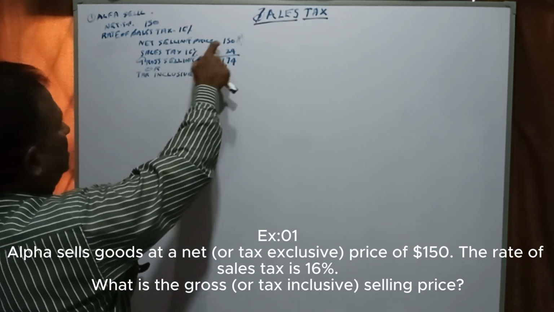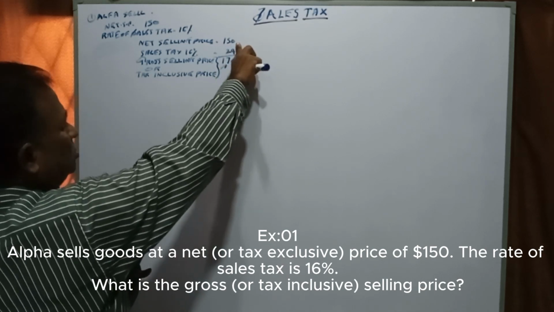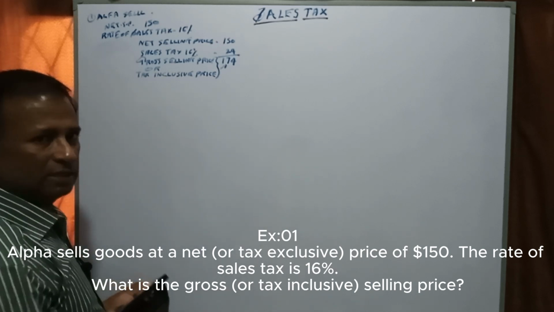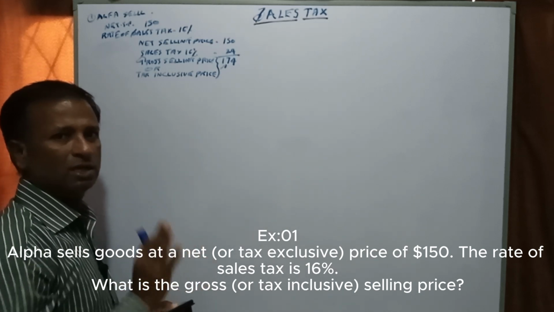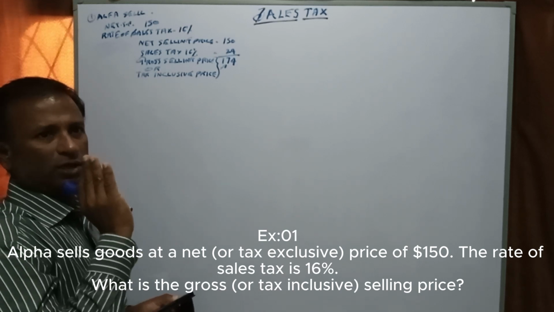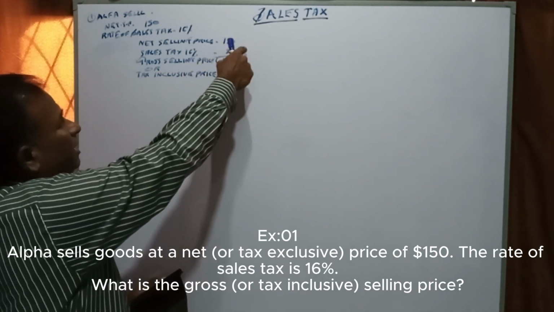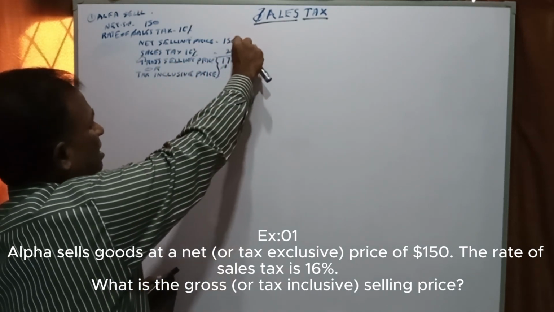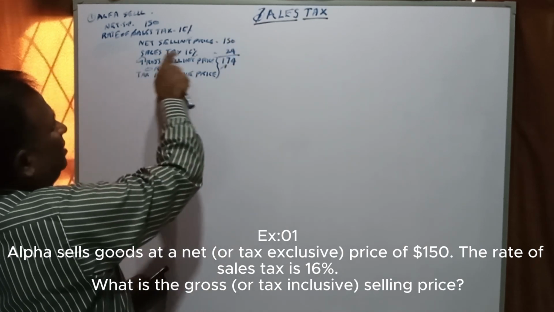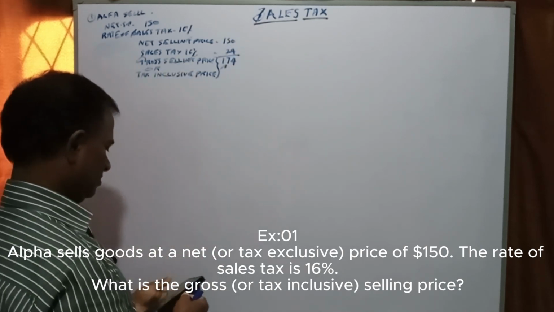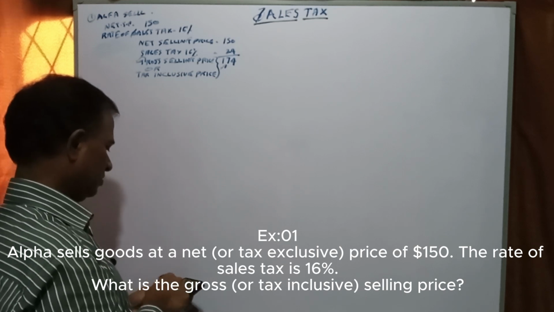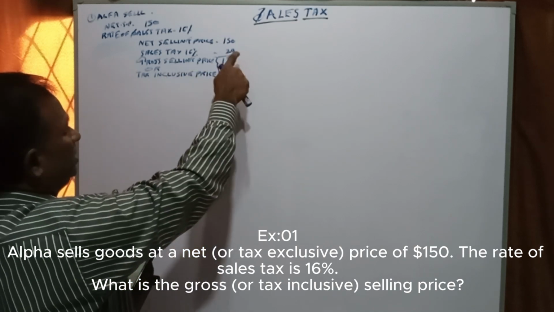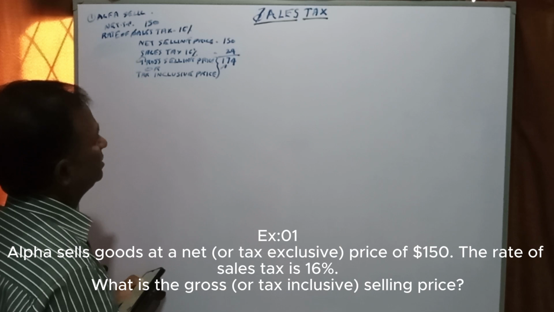Net selling price means the price which does not include the sales tax. It does not contain the sales tax element. So we are adding the sales tax element; we are calculating it. 24 is the sales tax.